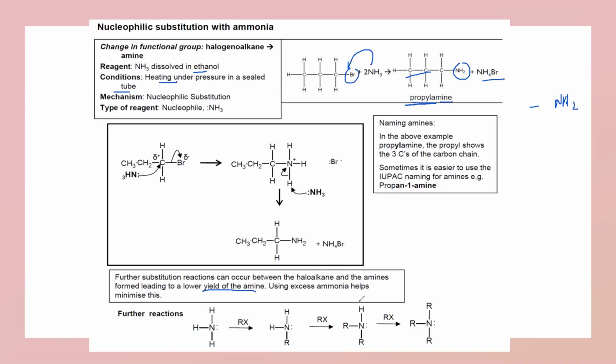If we have an excess of ammonia, it will reduce the amount of multiple substitution and produce amine itself. Otherwise, the carbon chain will replace this hydrogen and attach. First one carbon chain replaces a hydrogen, then the second, and then the third. This can be minimized by using excess ammonia to make sure only the first reaction will take place.